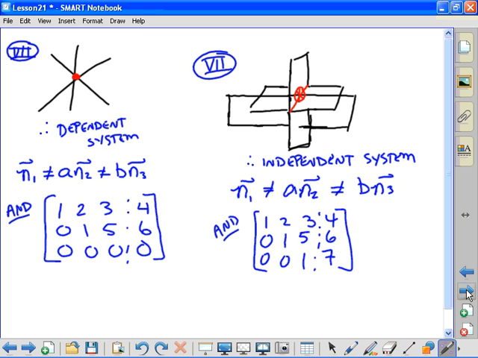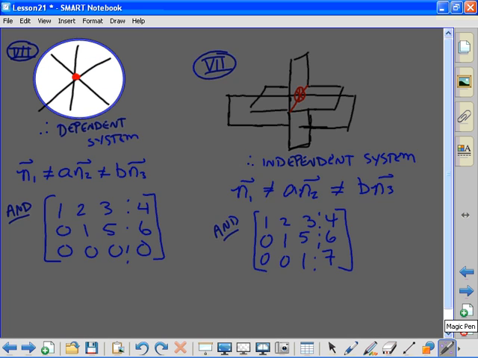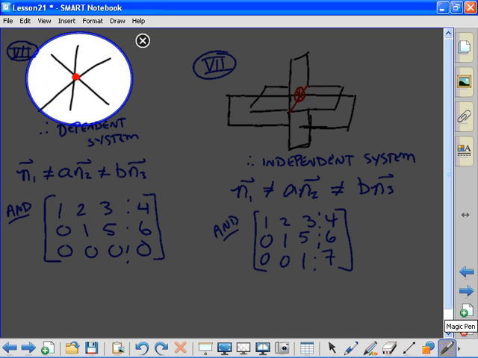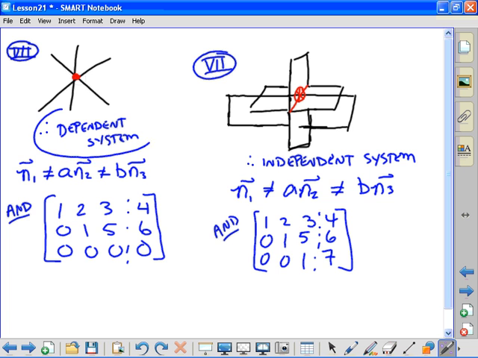Final two systems that we're looking at. If you arrange your pens or pencils in front of you such that they overlap at the same point, so they're on your desk, but they're overlapping at the same point, so the line of intersection would be going in and out of the board here, or in and out of your desk. So it's a dependent system.